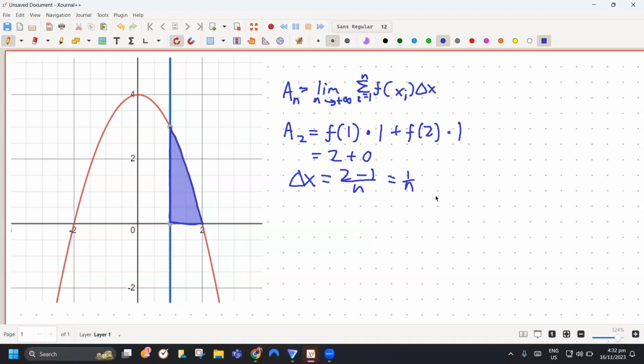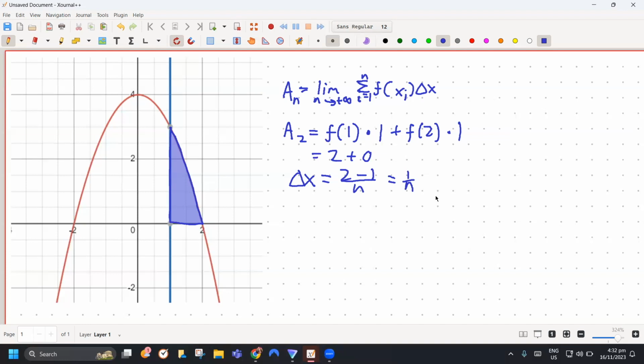So delta x is 1 over n. Ngayon, magsisimula ka, yung first value happens at x equals 1 plus 1 over n. Hindi pwedeng sa 1 kasi kapag in-evaluate mo sa 1, ang makukuha mo, pang circumscribed rectangles. Ang kailangan natin, inscribed rectangles.